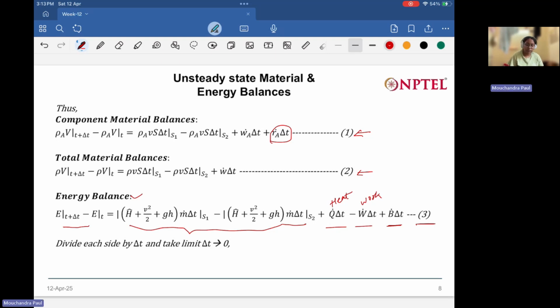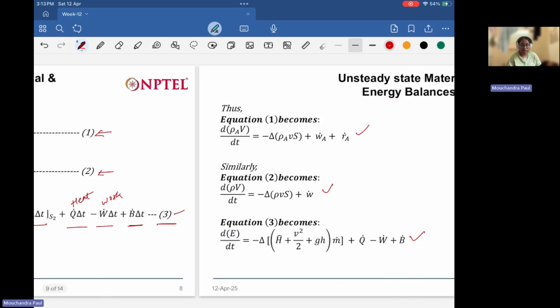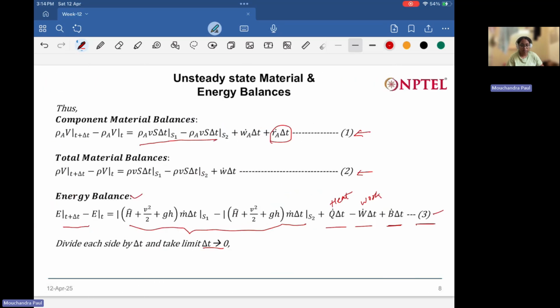Now if we divide by the delta T term on both sides of all three equations, 1, 2, and 3, and take the limit of delta T tends to 0, then we will get differential equations like these. Equation 1 becomes d rho A B by dt equals minus delta rho B A Vs. You can follow that this term became minus because we take final minus initial, so this term comes forward. That is why the minus sign is there.